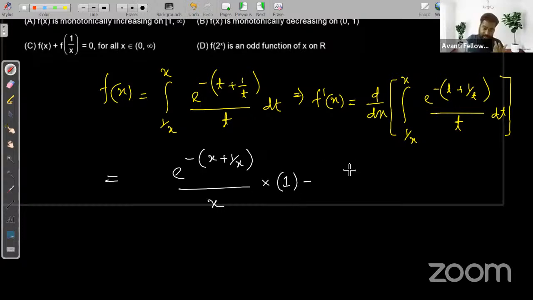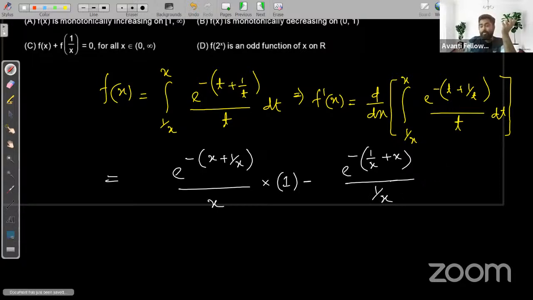Just in place of t, you substitute 1 by x. So you get minus of e to the power minus of 1 upon x plus 1 upon x, which becomes x plus 1 by x, divided by 1 by x, and the derivative of 1 by x is minus 1 upon x square. This is the function you get after differentiating the given integral.